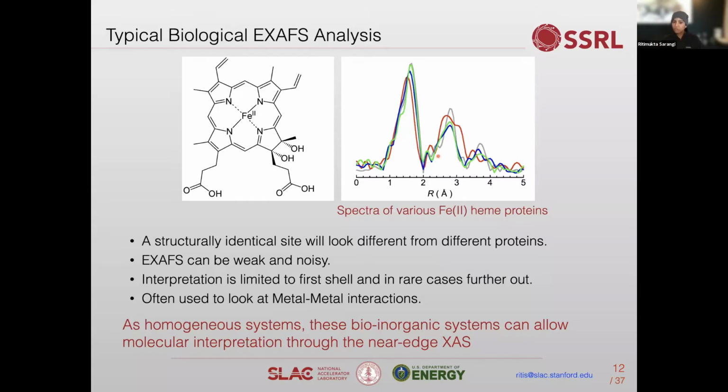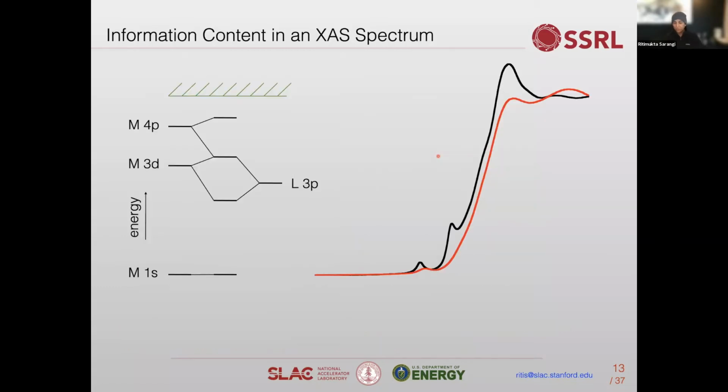Because it's homogeneous molecular catalysis, you can try to get more quantitative information out of near-edge interpretation. We can look at the rising edge data and very cleanly assign them to oxidation state changes, ligand field splitting, etc. I just wanted to go over the information content in an XAS spectrum for this audience.